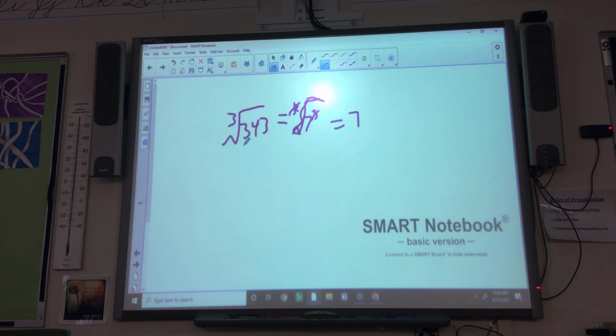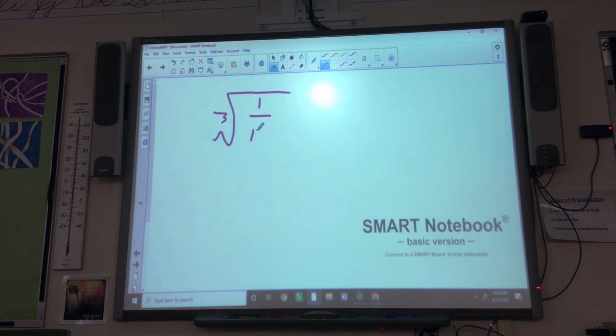The almost last thing is, what about finding the cube root of 1 over 729? What do I do with that?